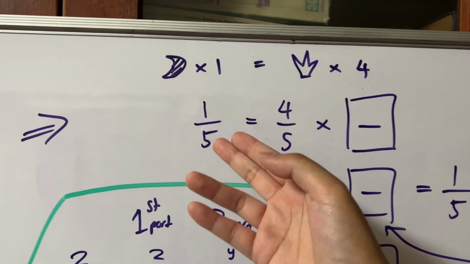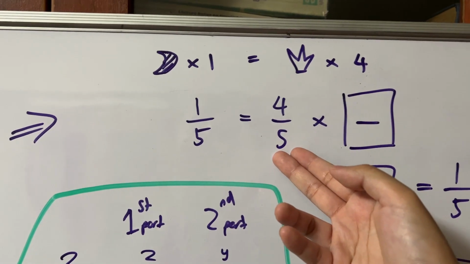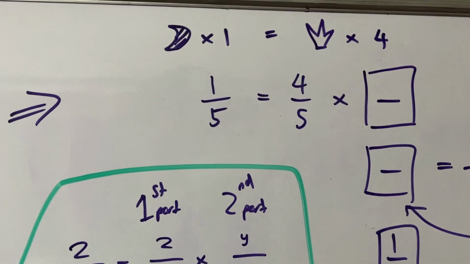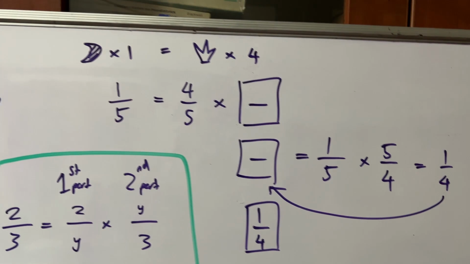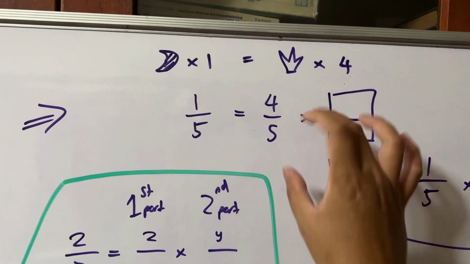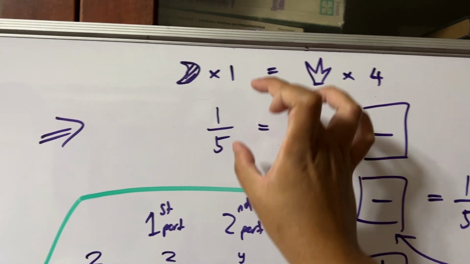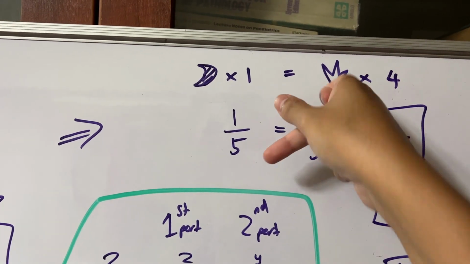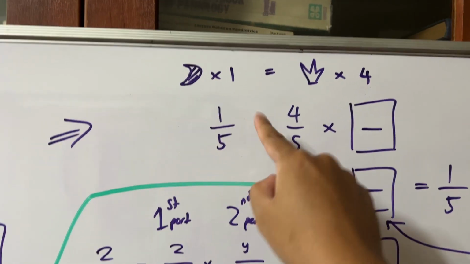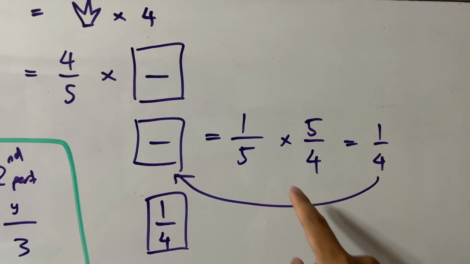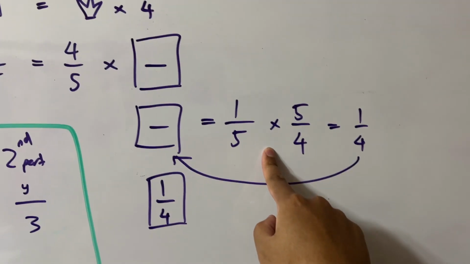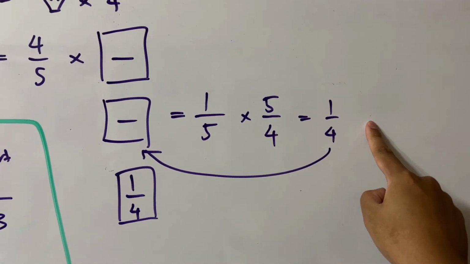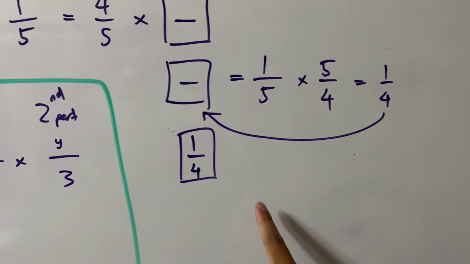So to solve this, I just need to move this 4/5 to the other side. So we flip it around. So 1/5 times 5/4, like this. So we cancel this out. We got 1/4, and 1/4 is the answer.